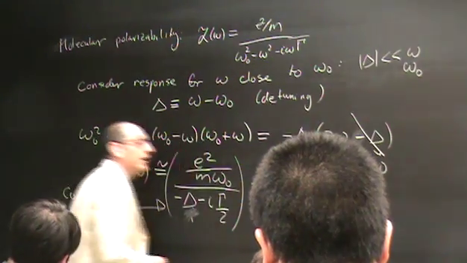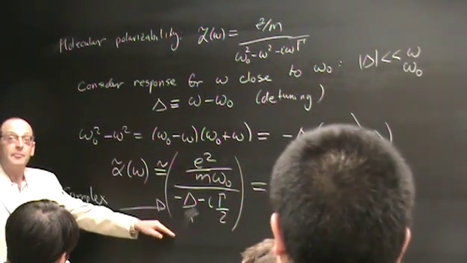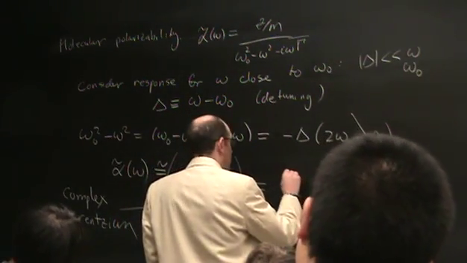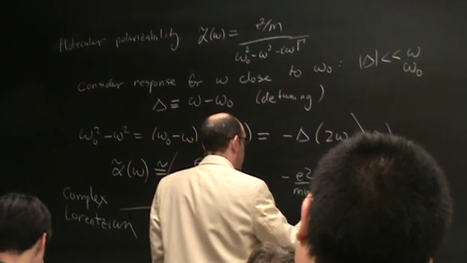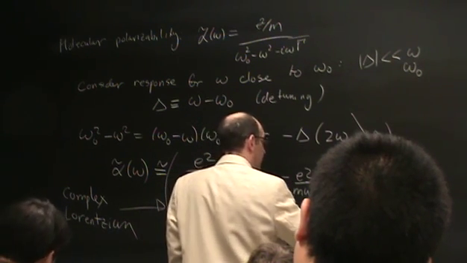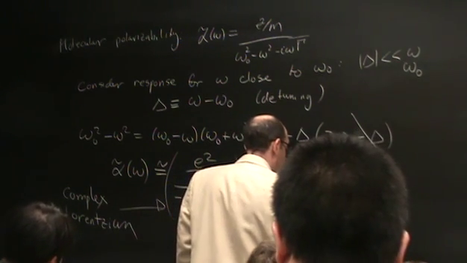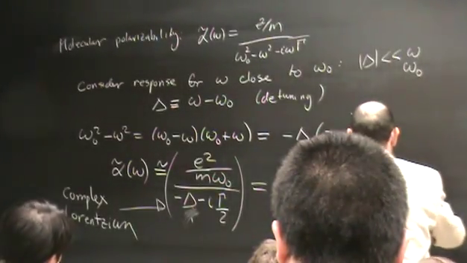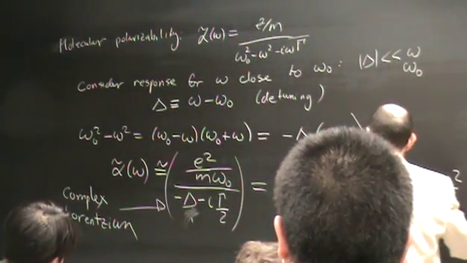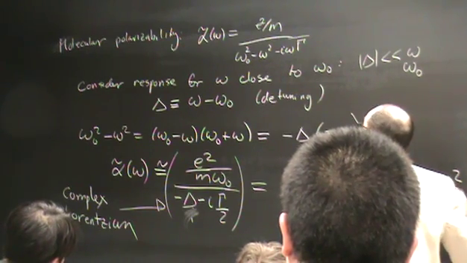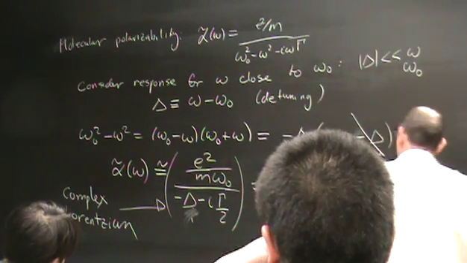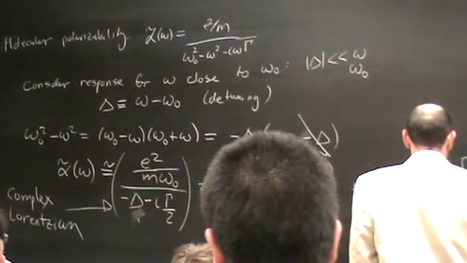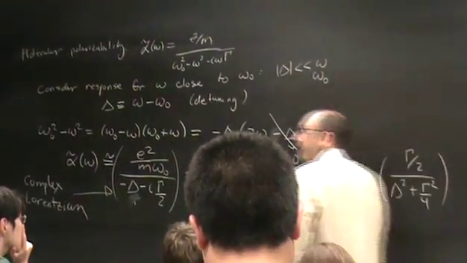We write it in terms of real and imaginary parts: we multiply top and bottom by the complex conjugate, and we get minus e squared over m omega naught, delta divided by delta squared plus gamma squared over 4, plus i e squared over m, over delta squared plus gamma squared over 4.